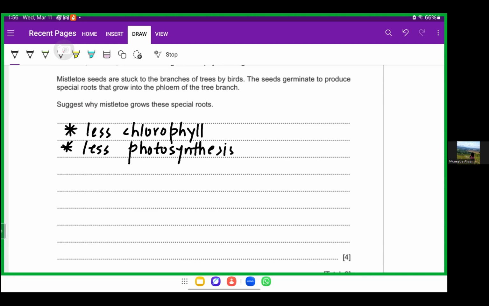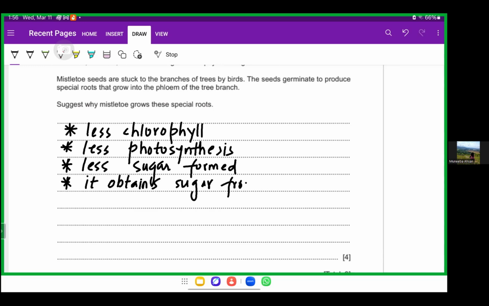And when there is a low amount of photosynthesis occurring, there will be less sugar formed. You can even write glucose or sucrose. So it obtains sugar from the tree, from the phloem of the tree.